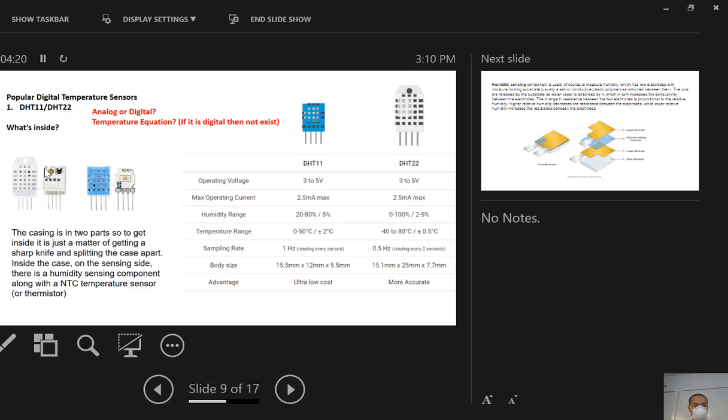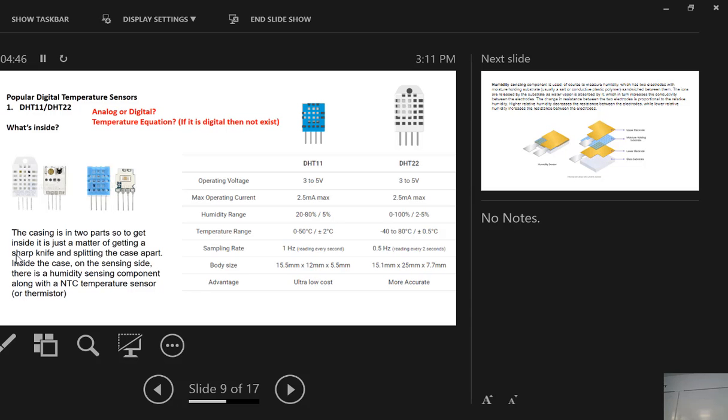So for the temperature sensor, if you look at what's inside, it's a thermistor a lot of times.